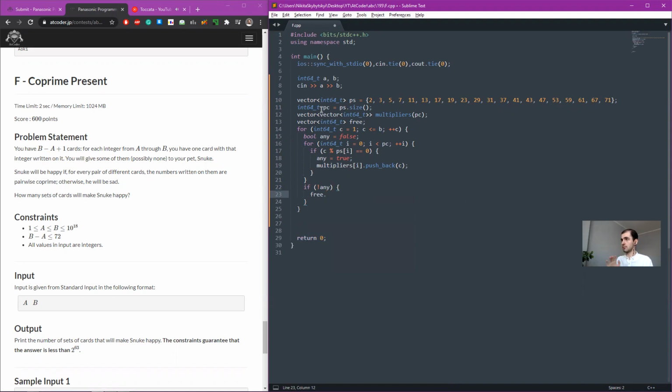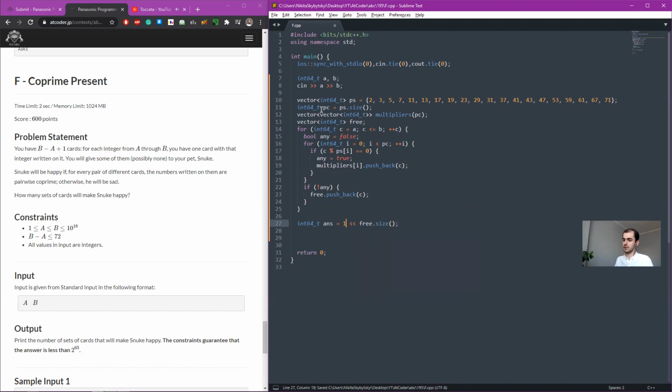I also want a multiplier of 3 numbers, because from such numbers which are not divisible by any of these primes, I can just take them all, or take any subset of them and do whatever I want, really. Oh, I don't want this, by the way, I noticed a mistake. How many such numbers can we have?